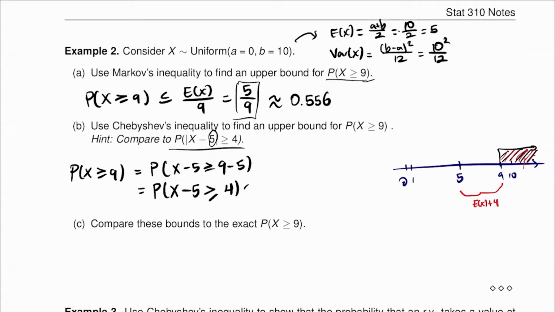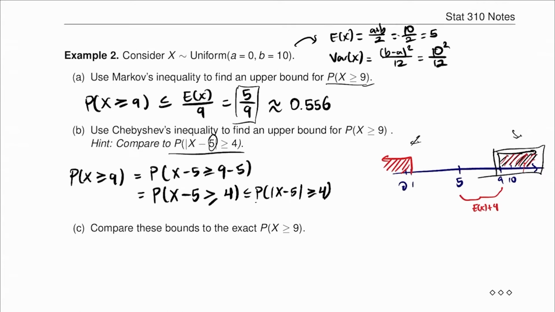But this is less or equal than the probability that the absolute value of x minus 5 is greater or equal than 4. So we are considering also this other region. If we consider there are two regions on both sides, here and here, this is greater or equal than just this region. So this probability is less or equal.